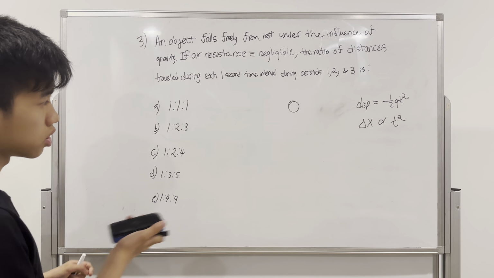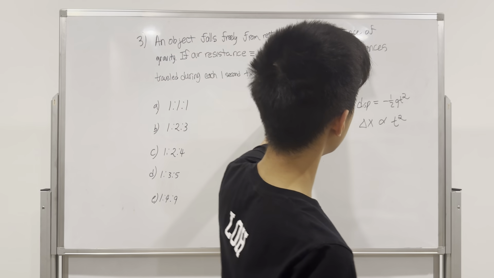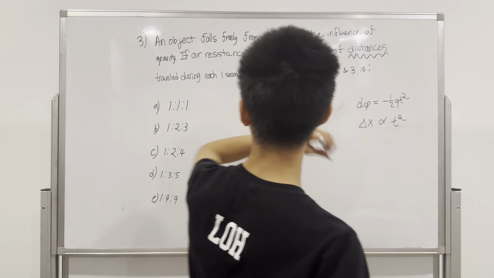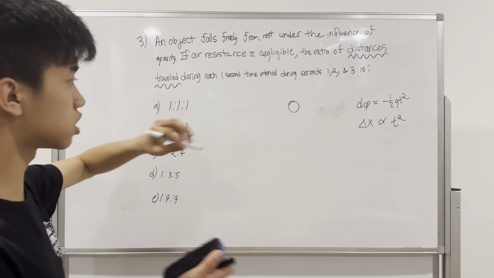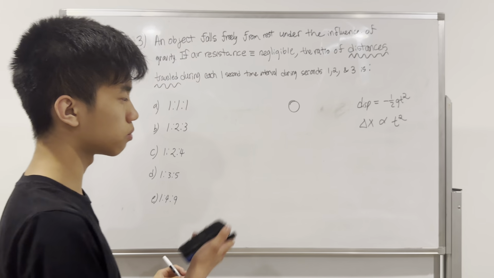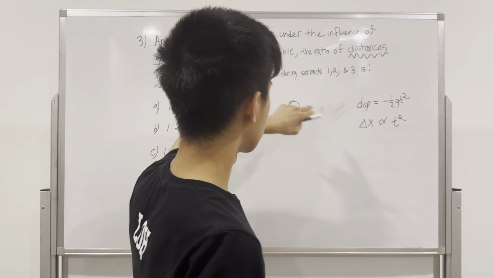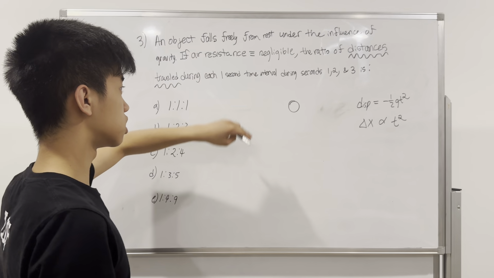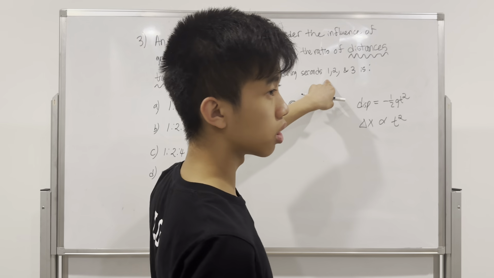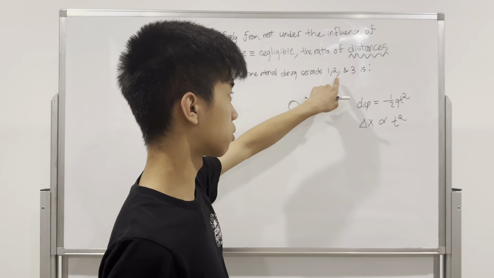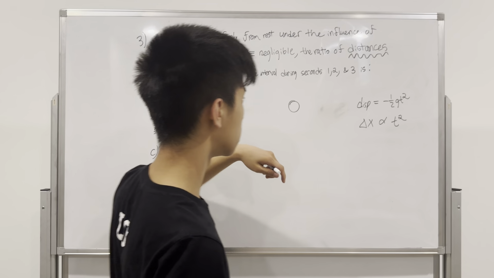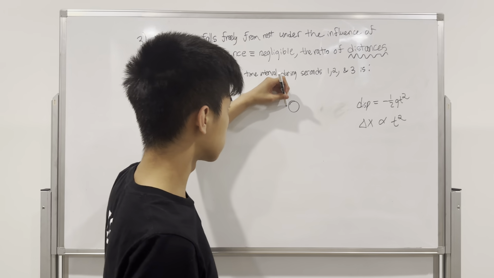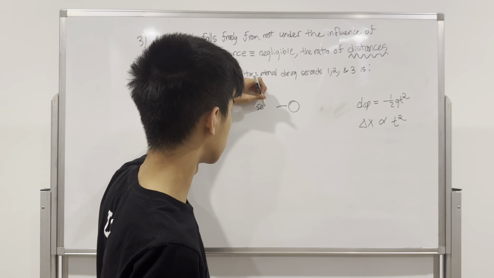Well, no, because there's a trick here. The ratio of the distances traveled. So distance, what does that mean? Well, it means the distance from where second 1 was to second 2, and where second 2 was to second 3.